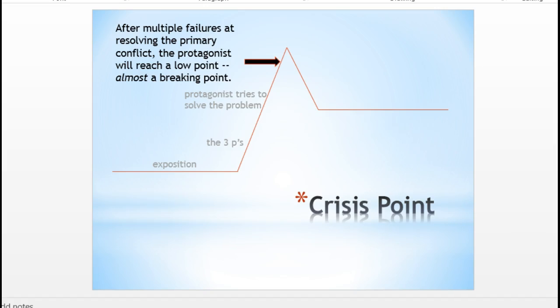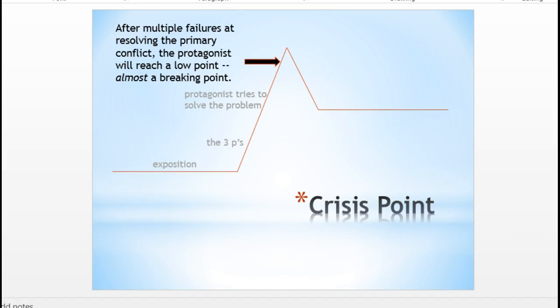Through this process of attempt and fail, the protagonist is probably going to reach what I like to call the crisis point. This is a true low point, and probably almost a breaking point for the protagonist. He or she may express to a minor character or in internal thoughts that he or she wants to quit, give up. I can't take it anymore.